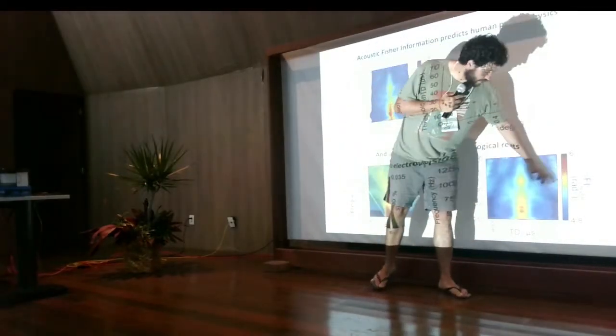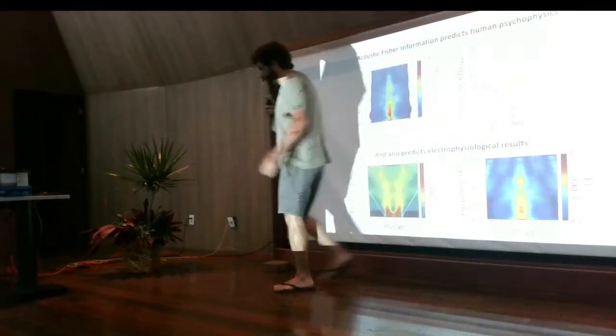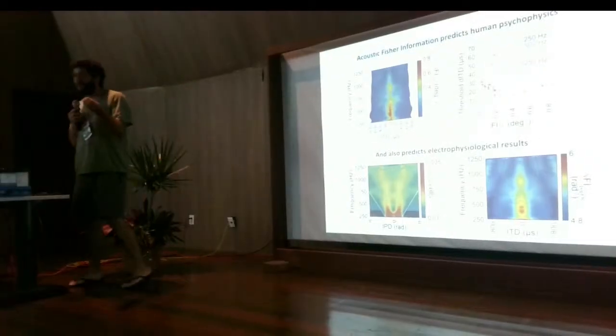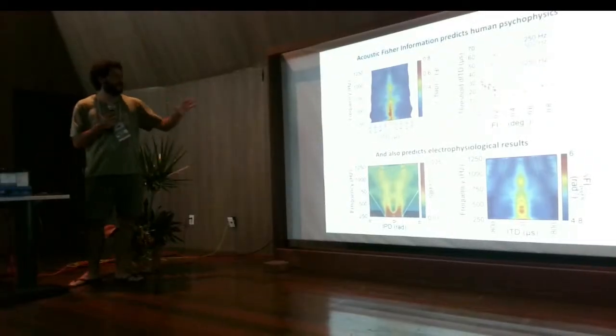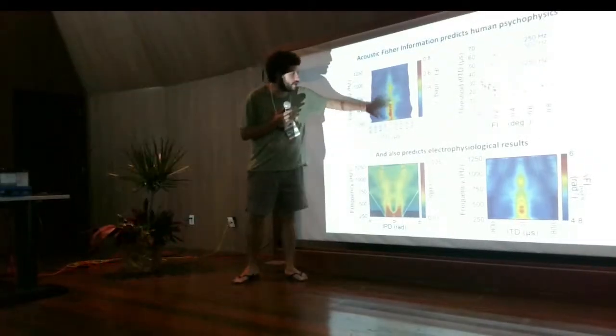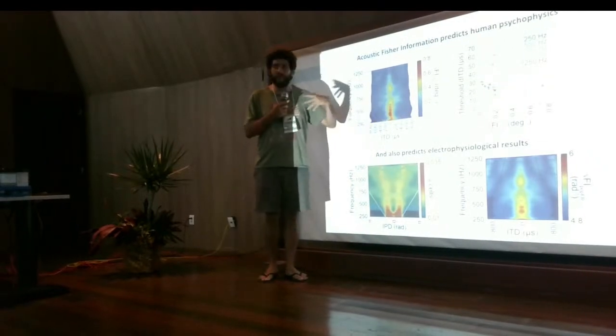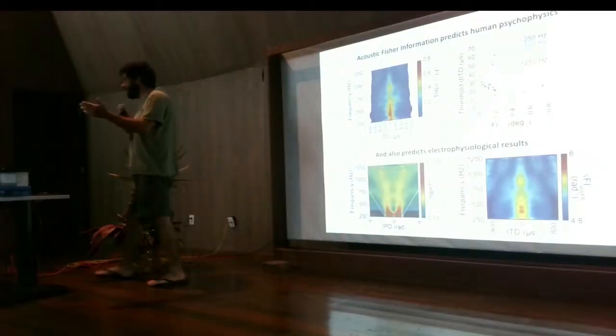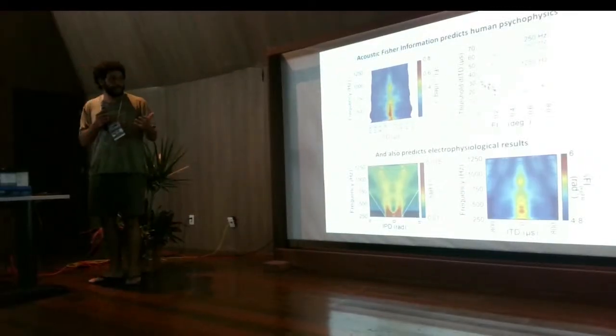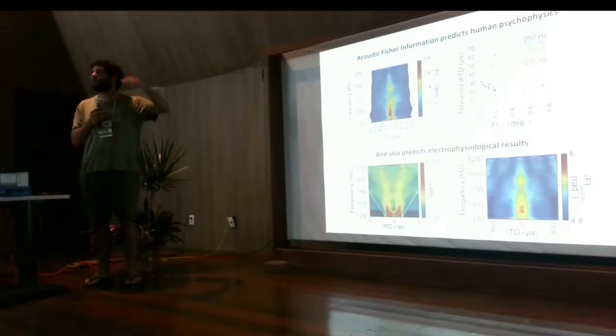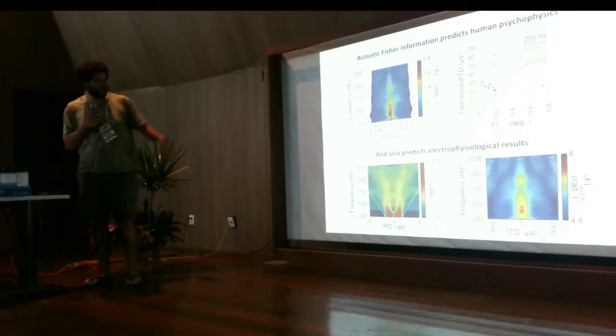So a lot of neurons trying to estimate, to have the same Fisher information values, the same organization here. You see that it's very well correlated. So it gives a limit of the amount of neuron Fisher information that matches the acoustic Fisher information.